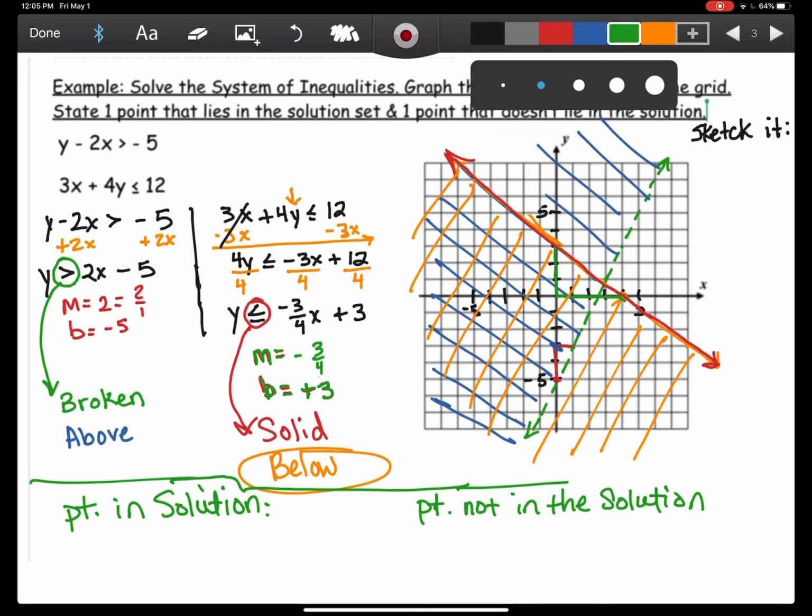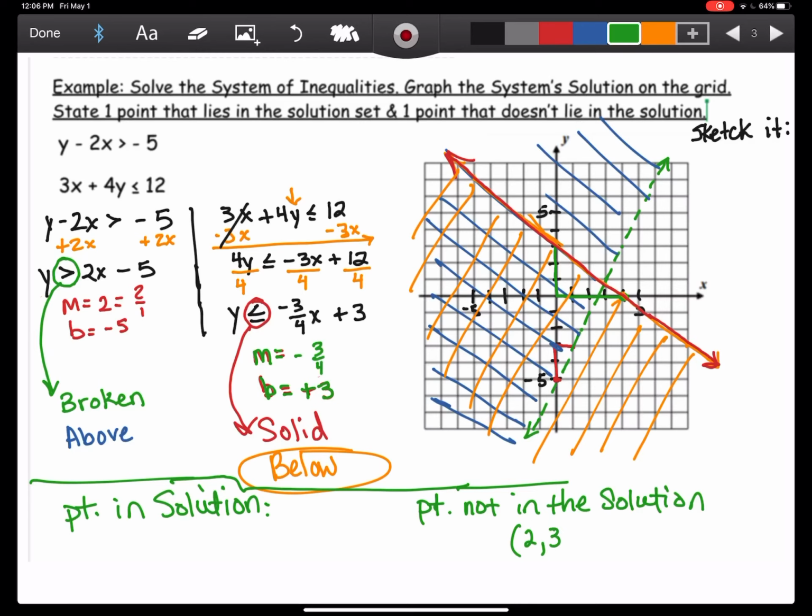So, what point is not in the solution? Well, my example will be, let's say 2, 3.